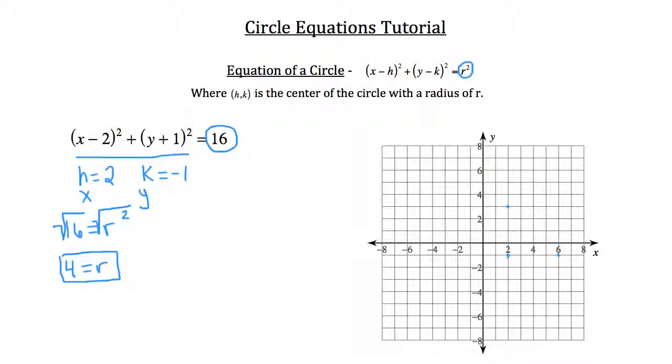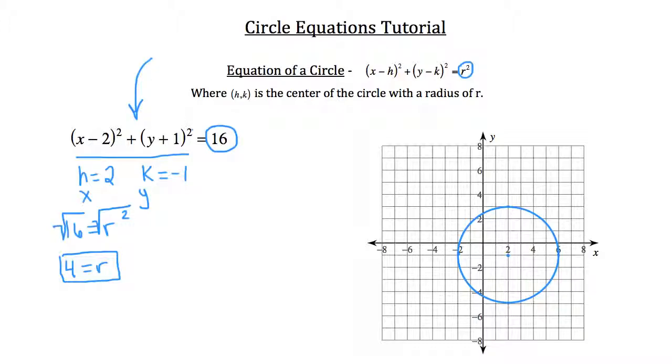Then down from the center 4 units, 1, 2, 3, 4, and then to the left of the center 4 units, and I'll plot a point there as well. Now that you have those 4 points and the center plotted, you can go ahead and draw a circle around that center to connect those points. So the circle that we've drawn here is derived from that original equation, that problem you were given right here.